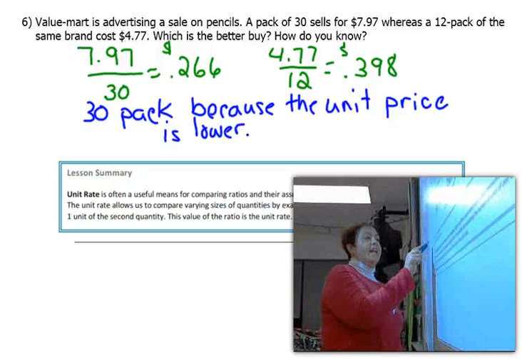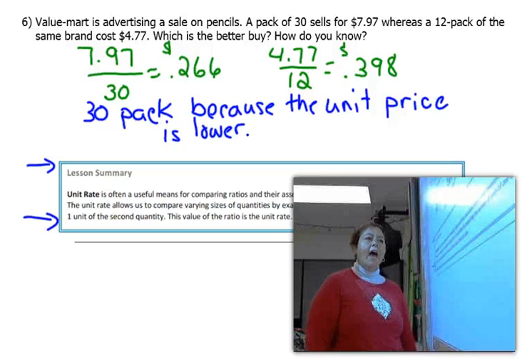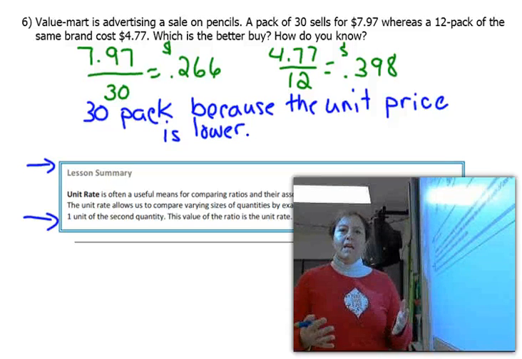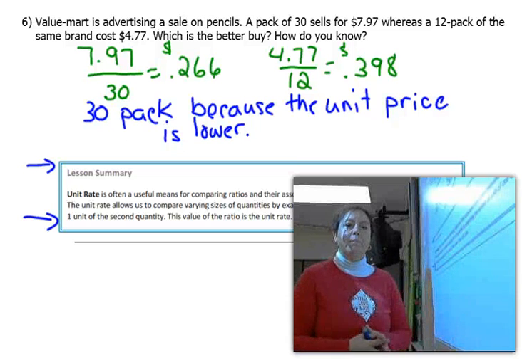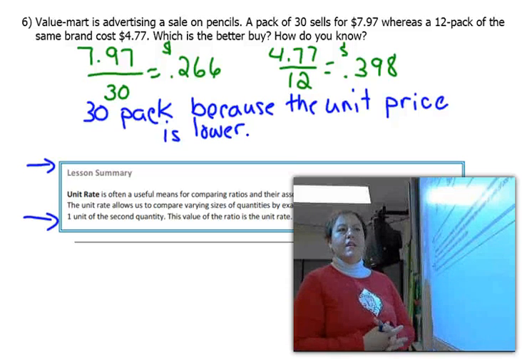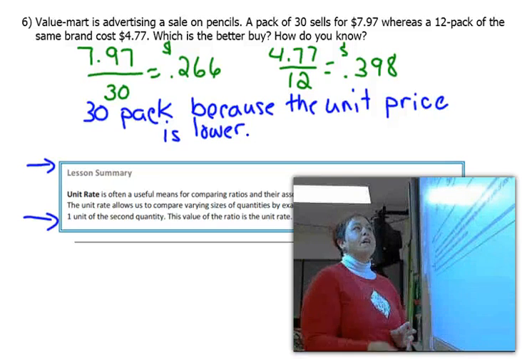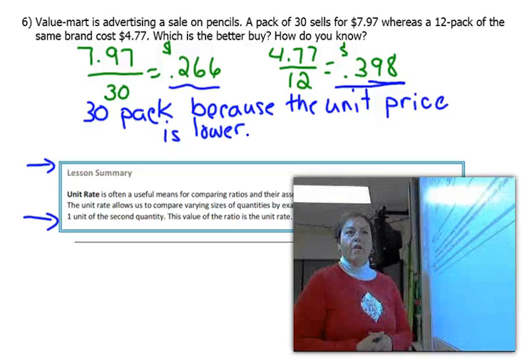Something new that we've added into the notes this time for this chapter is this lesson summary. And this is very wordy, but it takes what we were talking about and puts it into more official mathematical terms. So a unit rate is often a useful measure for comparing ratios and their associated rates when measured in different units. And that's what we did here, right? We turned them into unit rates so that we could compare them.